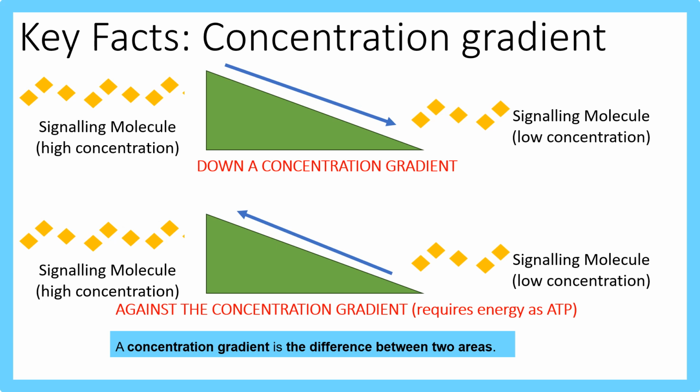So when we say down a concentration gradient, it doesn't require a lot of energy, okay? Because it's moving from an area where there's lots of signaling molecules to an area that is low concentration. However, when you go against the concentration gradient, that requires energy because you're moving from an area that has low concentration to an area that has high concentration.